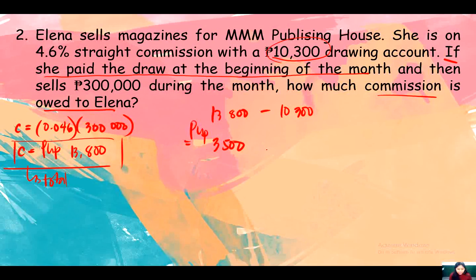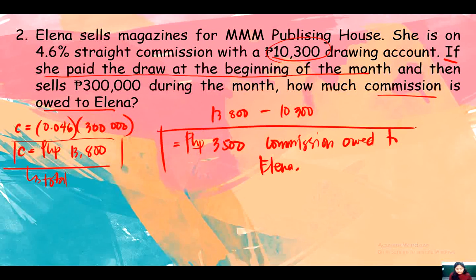Okay? So, ito na lang yung owed. Yan. Wait lang. Label na natin, class. 3,500 commission owed to Elena. Okay? So, 3,500. Okay po. Kasi nga, naibigay na sa kanya yung 10,300 nung una pa lang ng buwan.